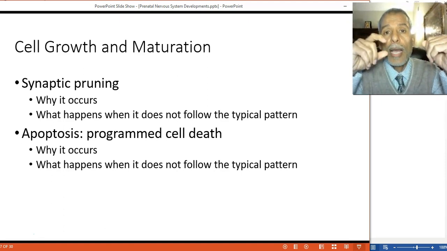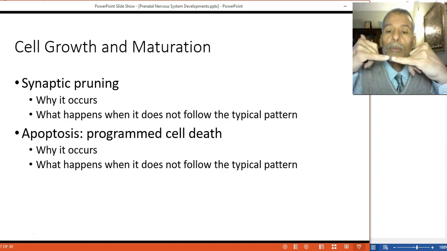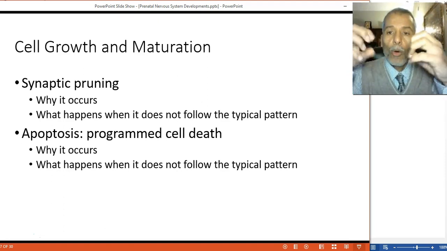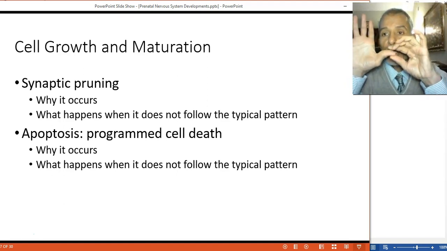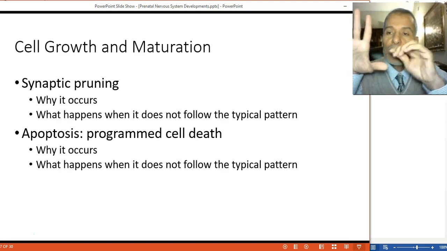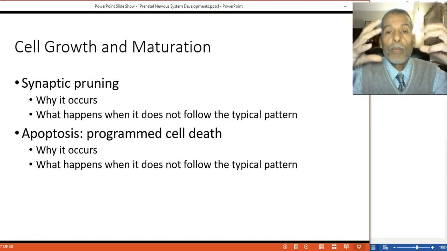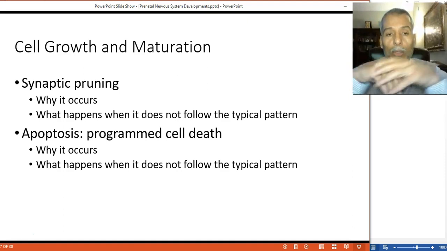So synapses that are ineffective, that are not connecting to the right target, synapses that are not being used frequently, and dendritic branches that are not used at all, these are all disassembled. Now you create a lot of space around for other things.